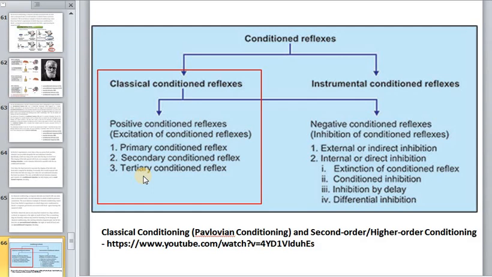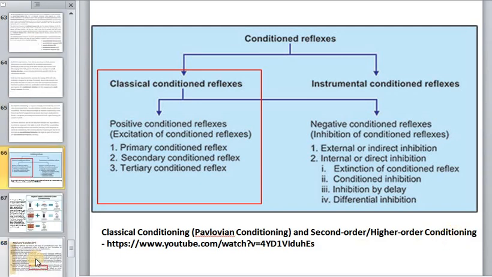Let's look at the secondary conditioned reflex. In general, I will leave the links. Here we see classical conditioning, the Pavlovian reflex, and second-order and higher-order conditioning. It's very interesting for understanding this term.